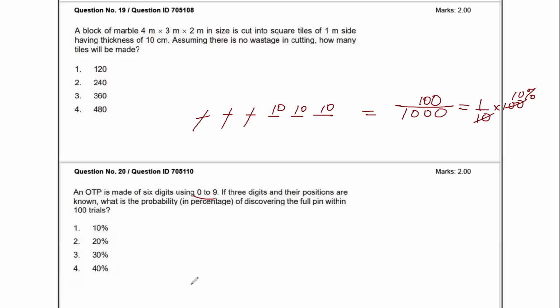So the probability for you to get your OTP right, trying out only once, is 1 by 1,000. But trying it out 100 times is 100 by 1,000.